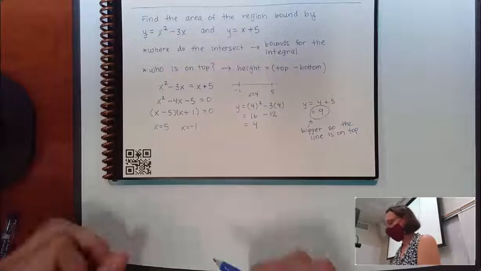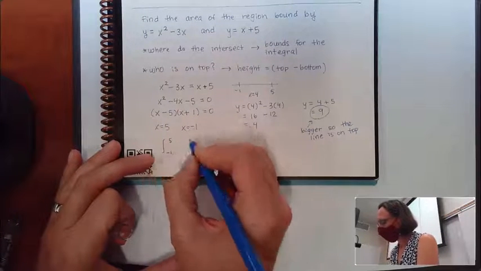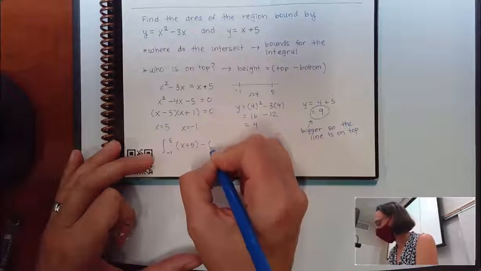And now I can set up the integral. I'm going from -1 to 5, and I need the line minus the parabola.